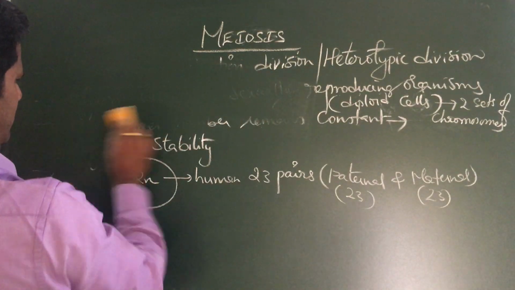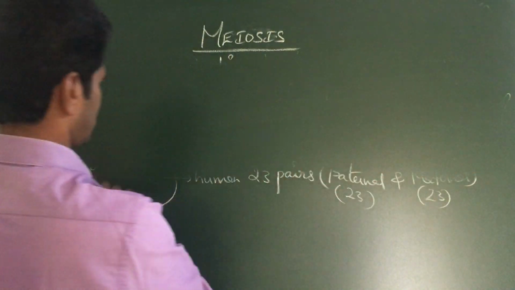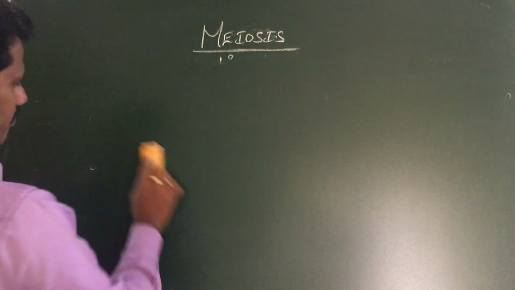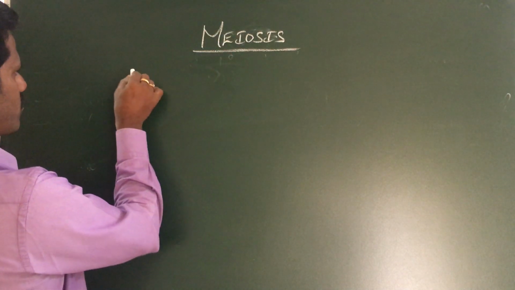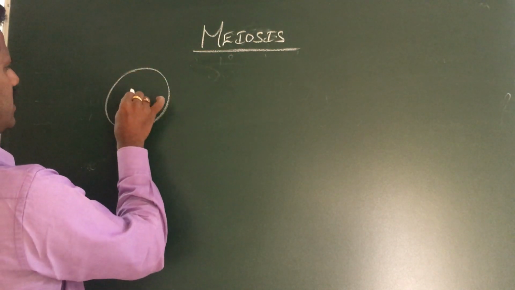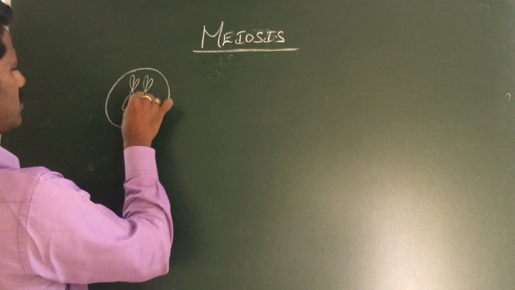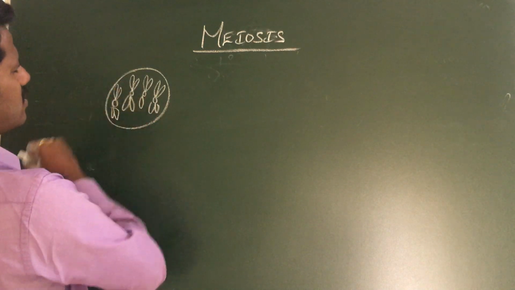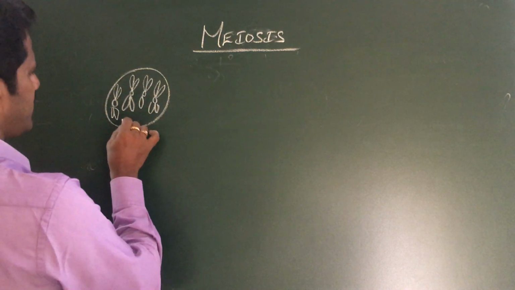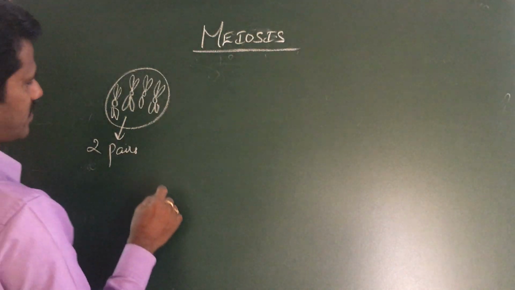Listen carefully. Here there are chromosomes. Say here I wrote 4, that means you have 2 pairs, for example.